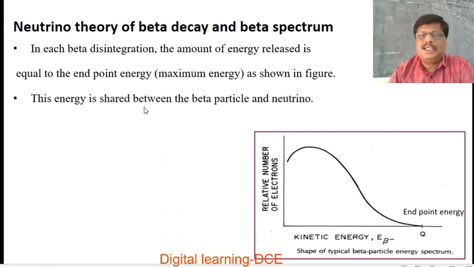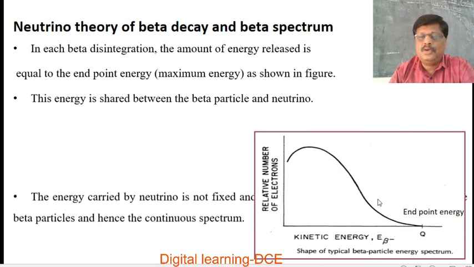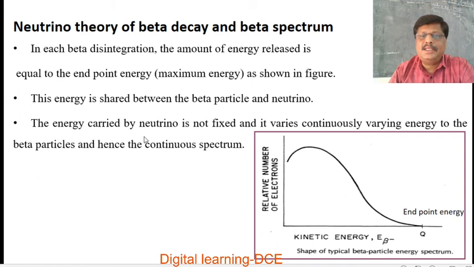The energy is shared between the beta particle and neutrino. At any point, if you consider, the energy is a continuous one because this energy is shared between the beta particle and also neutrino. The energy carried by the neutrino is not fixed and it varies continuously, giving varying energy to the beta particle and hence the continuous spectrum.